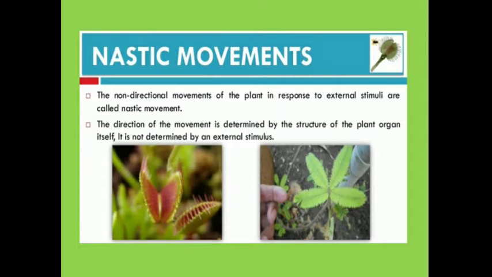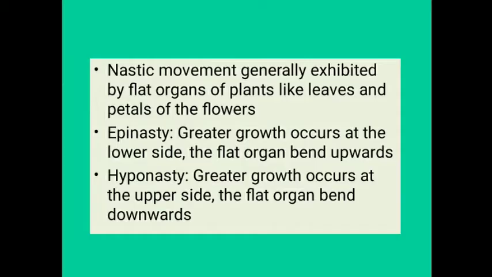So that is called nastic movement. Right. And it is generally exhibited by the flat organs of the plants, like leaves and also the petals of the flowers. So in these regions only the nastic movement can take place.